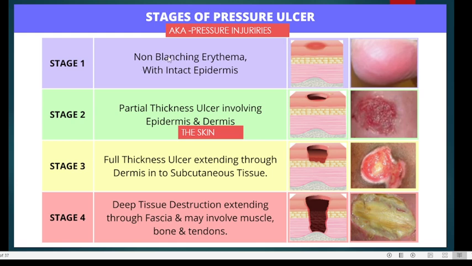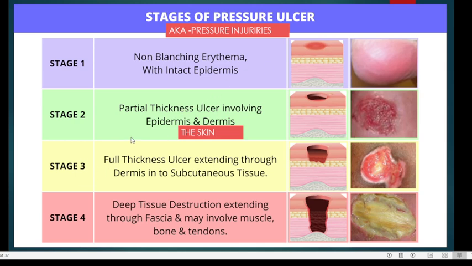So stage 1, we have non-blanching erythema. Okay, and this is normally in contact with the epidermis. Remember, you have the epidermis, dermis, subcutaneous tissue, and then the muscle fascia. So stage 1 works with the epidermis, with intact epidermis, okay.